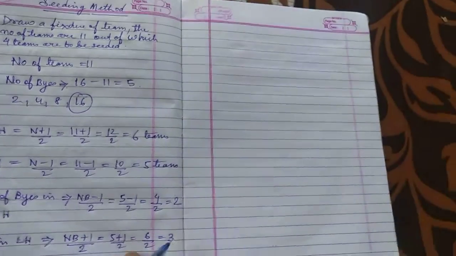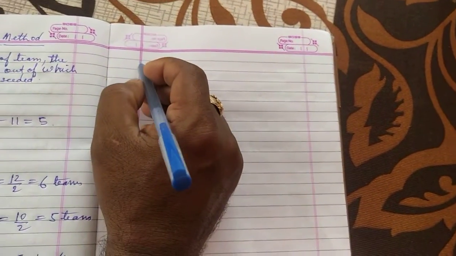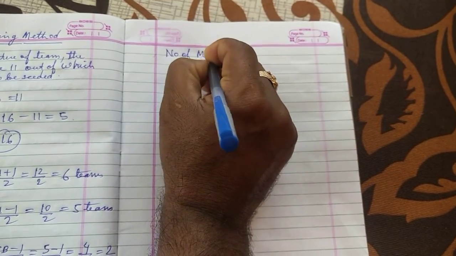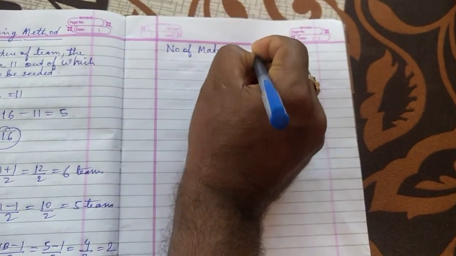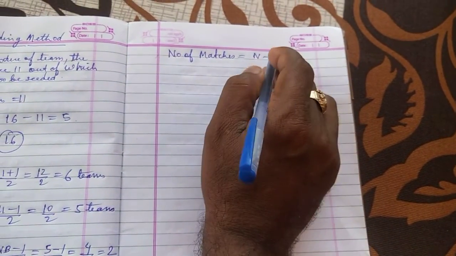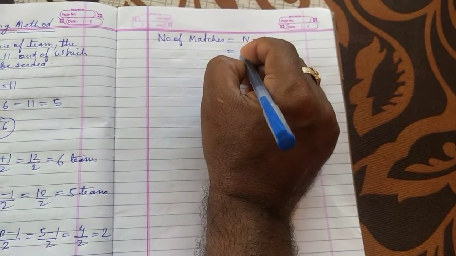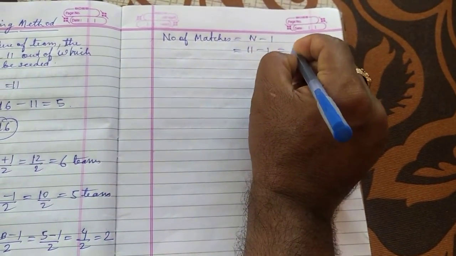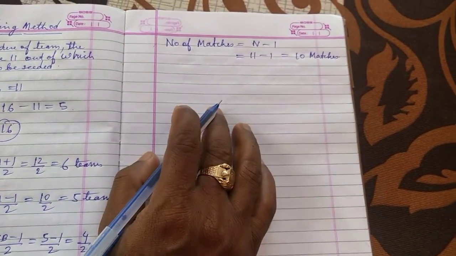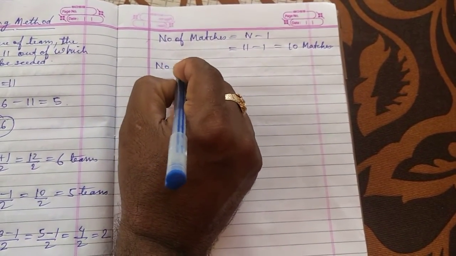Now we have to see the number of matches. What is the formula? N minus 1, where N refers to the number of teams. Okay. Now the number of rounds.